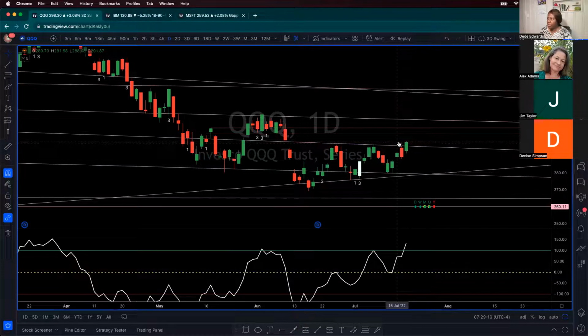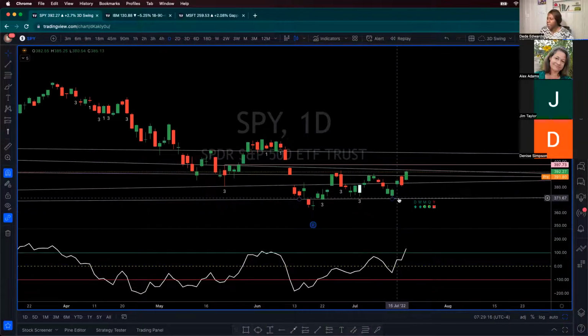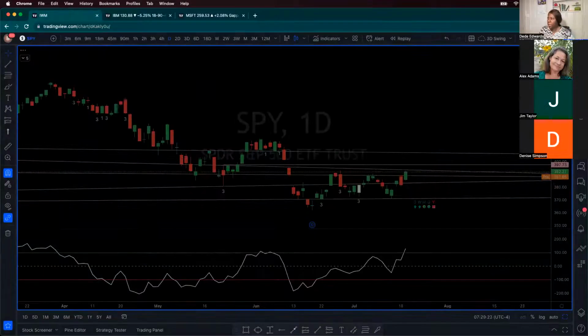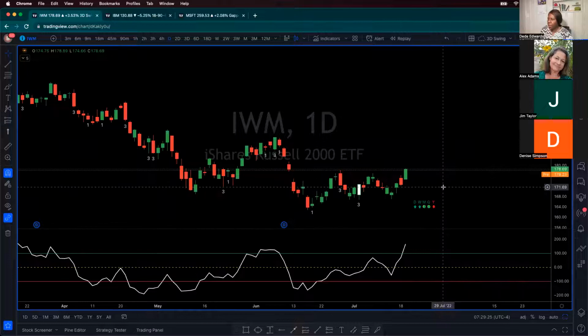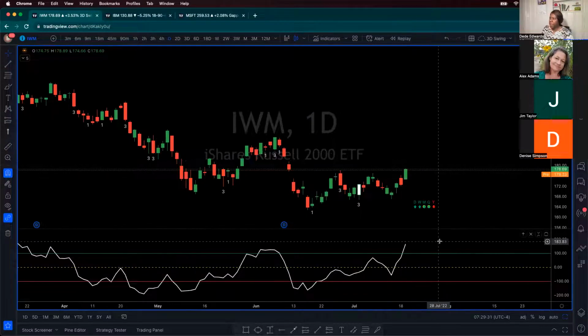So you can see this is a 2 up, 2 up, 2 up on the Qs. Let's look at the SPY. 2 up, 2 up, 2 up. The market looks like it wanted to continue to the upside in IWM. The small caps have been on a tear.